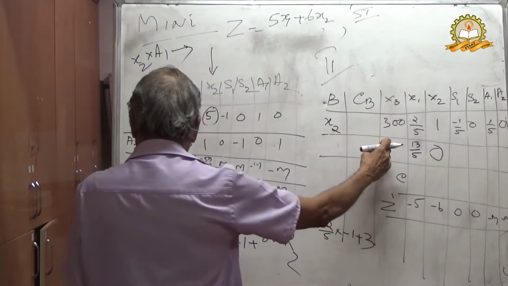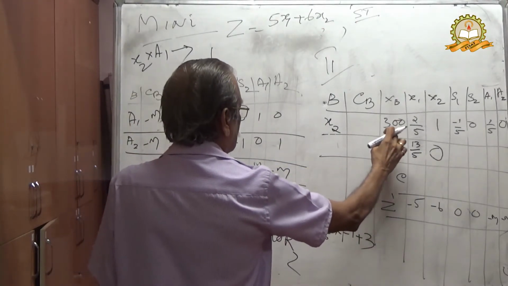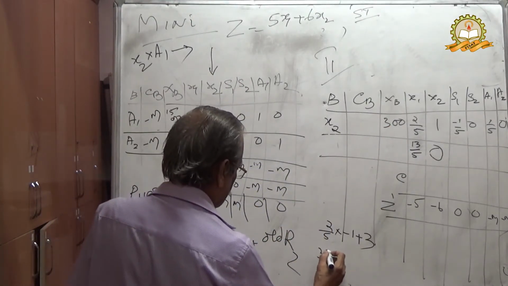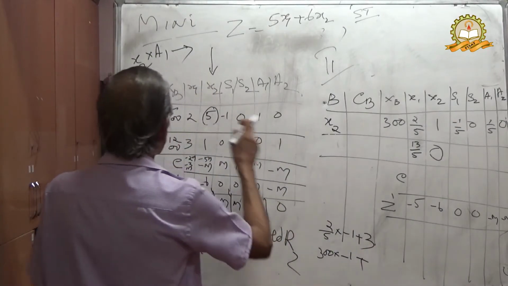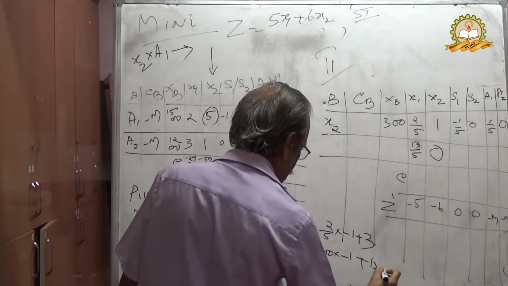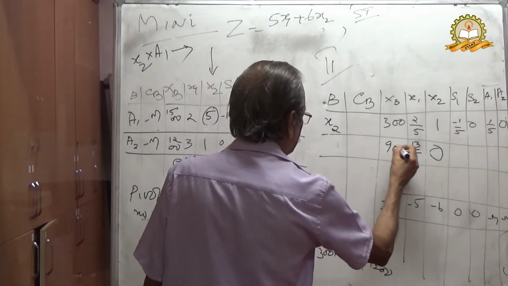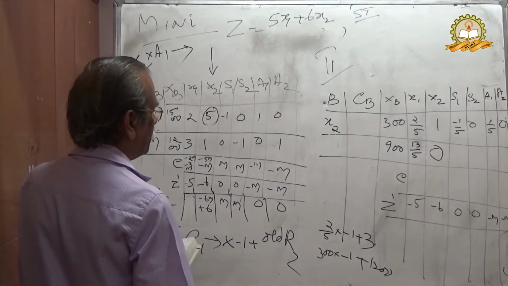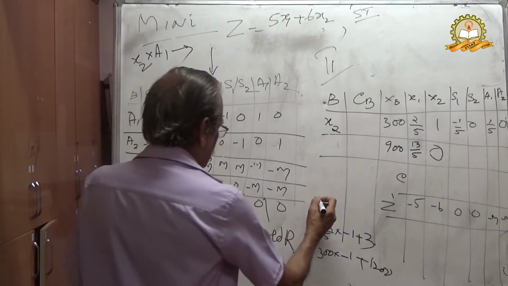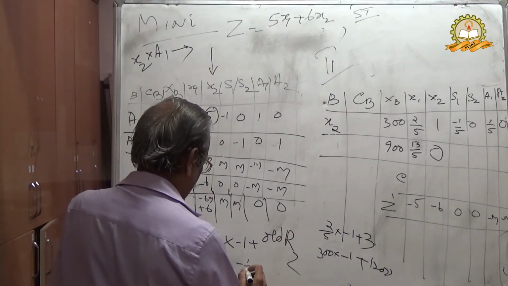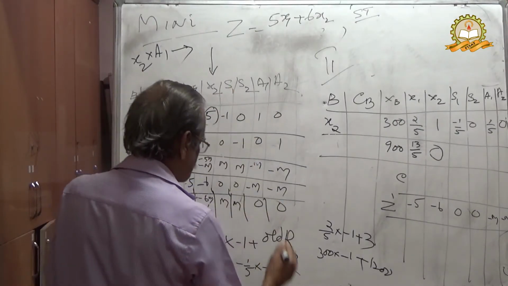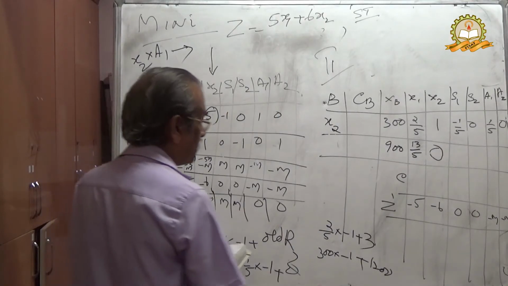Here it is 0. On the left side, the XB column, you have already 300. 300 into minus 1 plus 1200 equal to 900. Then under S1, negative 1 by 5 into negative 1 plus 0. Therefore, you have 1 by 5.